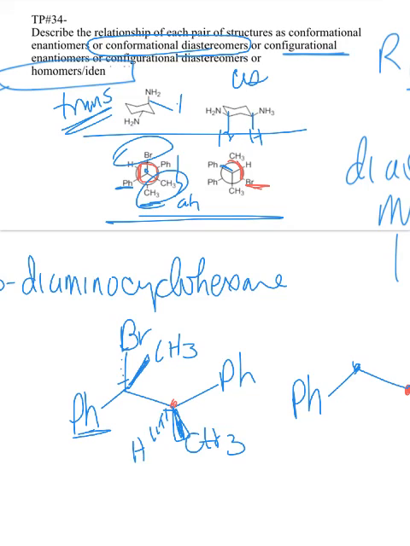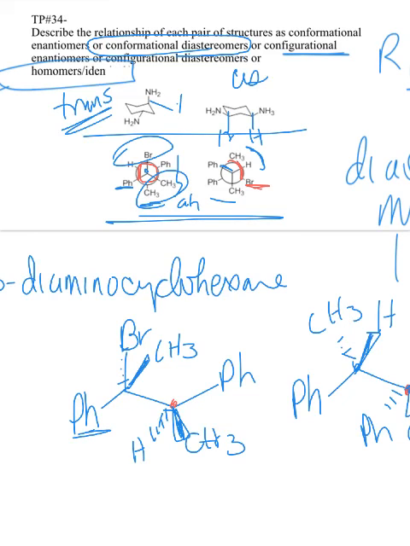If you put hydrogen coming at you, then on the back here you would have the CH3 coming at you. See how they're on the same side? And then over here you'd have the phenyl going back, and the methyl going back.